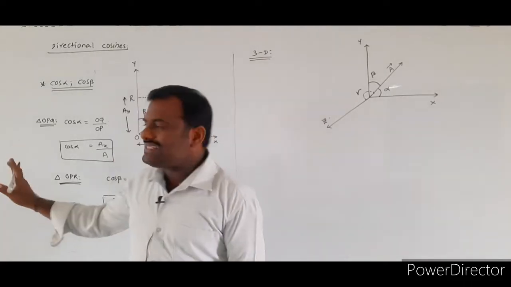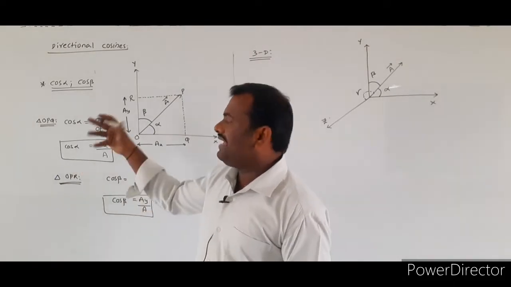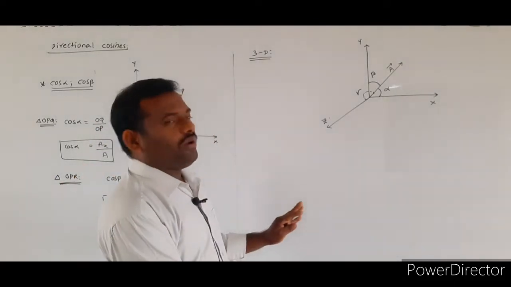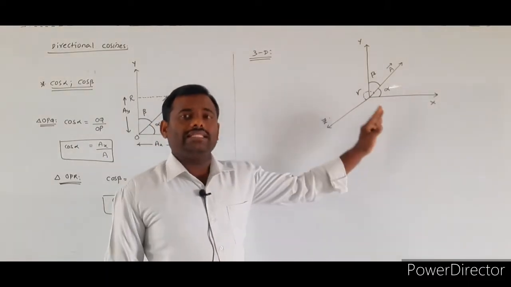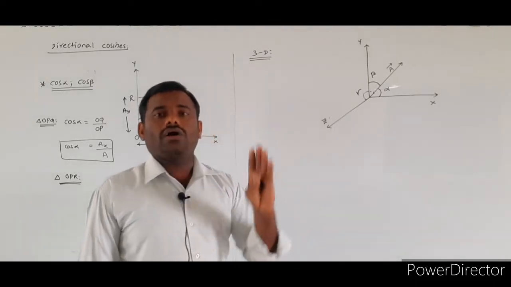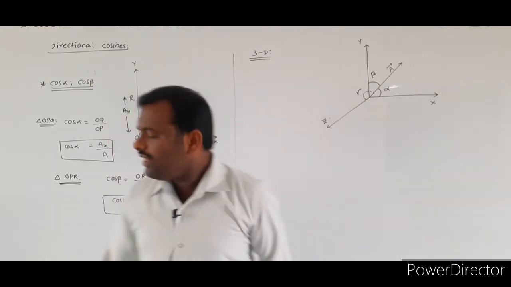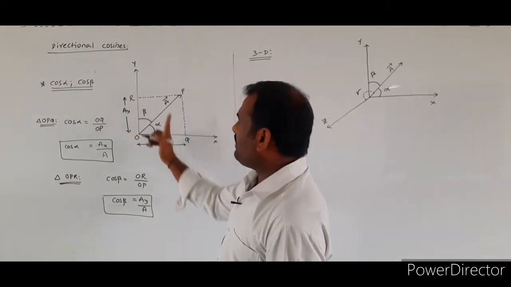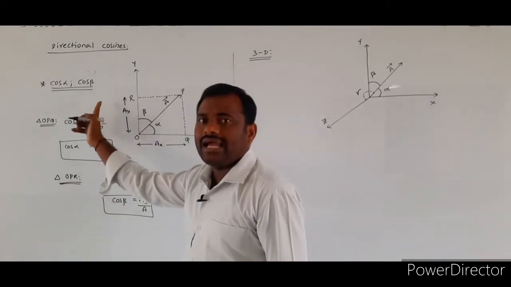According to the previous explanation, how can we calculate cos alpha, cos beta? Here also we follow the same method for getting the values of cos alpha, cos beta, cos gamma respectively. In the two-dimensional plane, the given vector is resolved into two rectangular components.